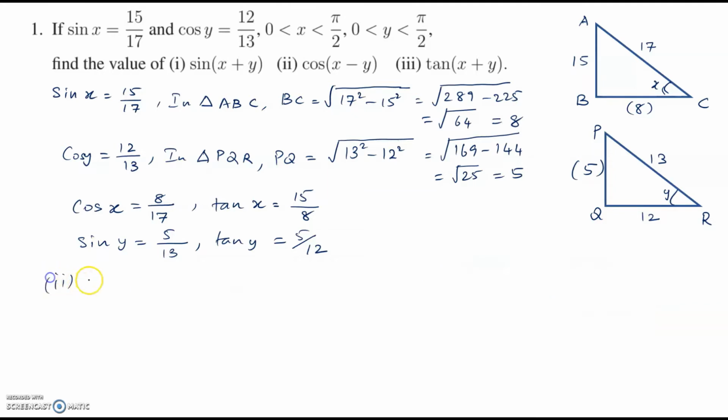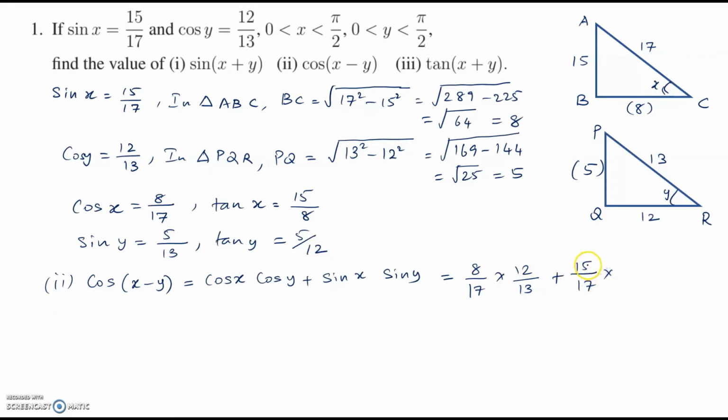The second part of the question, which is cos(x-y). Cos(x-y), the formula is cos x cos y plus sin x sin y. That's nothing but our cos x is 8 by 17 into cos y is 12 by 13 plus sin x is 15 by 17 and sin y is 5 by 13.